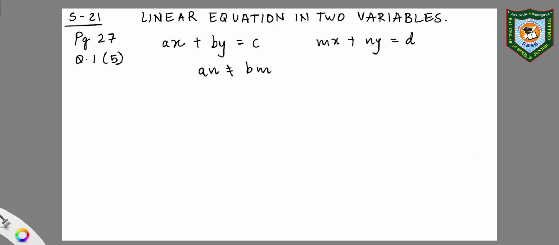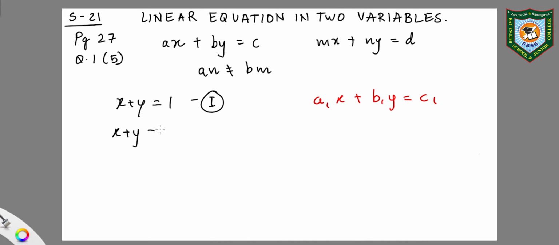So let's take a pair of equations. Let's say I have x plus y equals 1. This is my equation number 1, and I'm going to compare this equation with a standard equation a1x plus b1y equals c1. Now for my second equation, again I have x plus y equals 1.